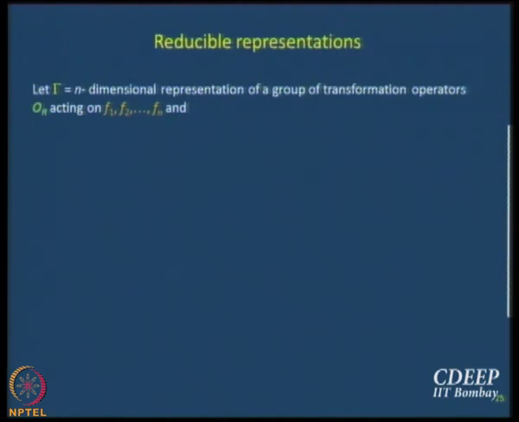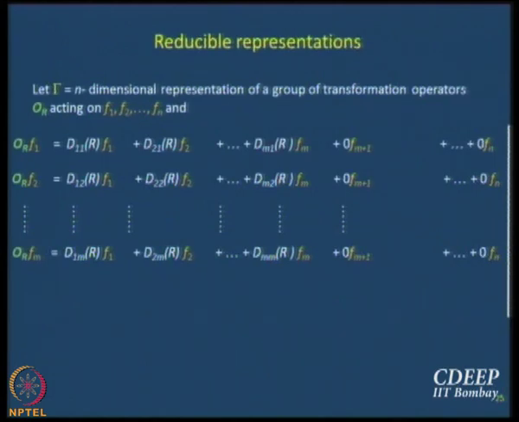Let us say gamma is an n dimensional representation of a group of transformation operators OR acting on a basis F1, F2, F3, and so on up to Fn. This is not a general case; let us say this is the situation.